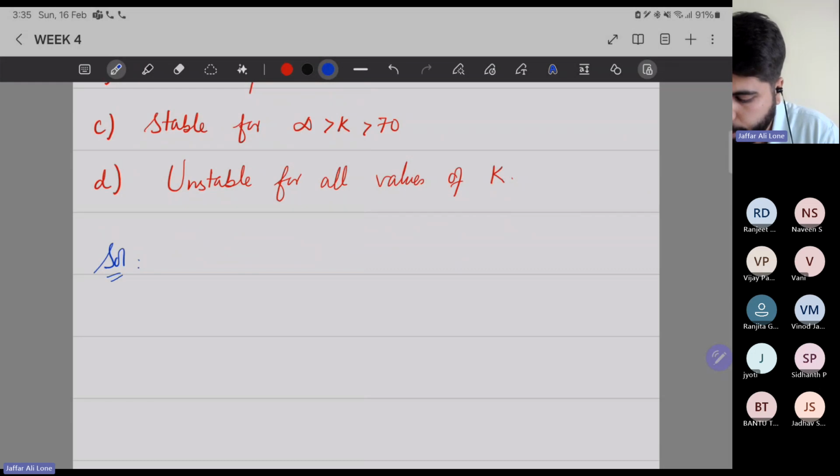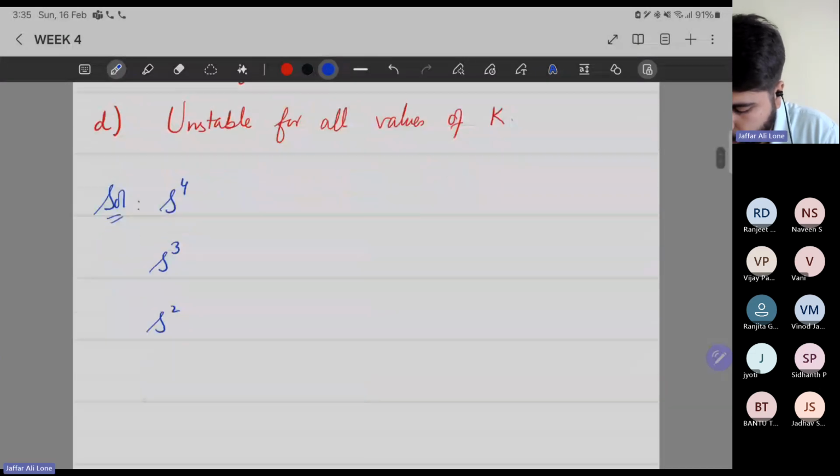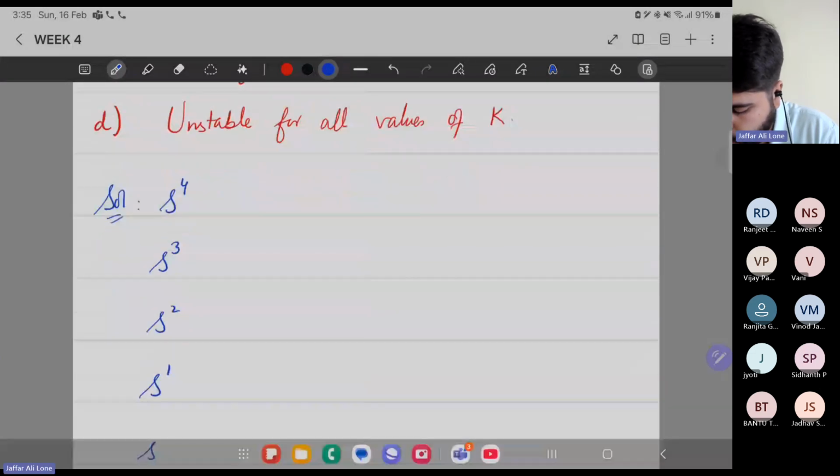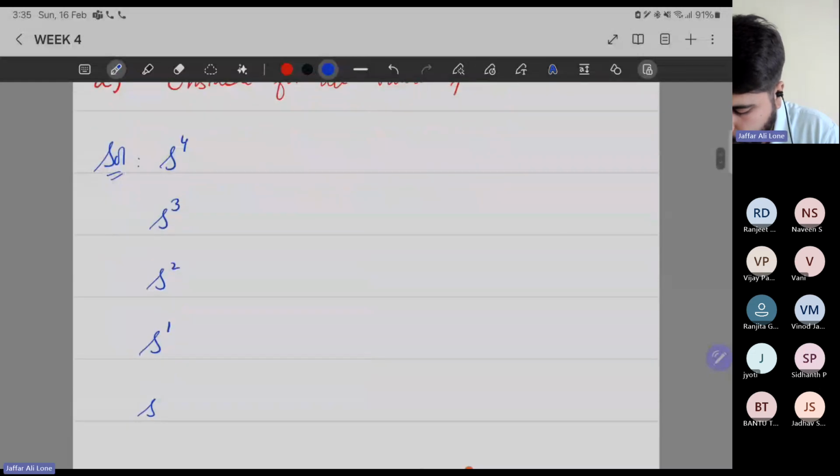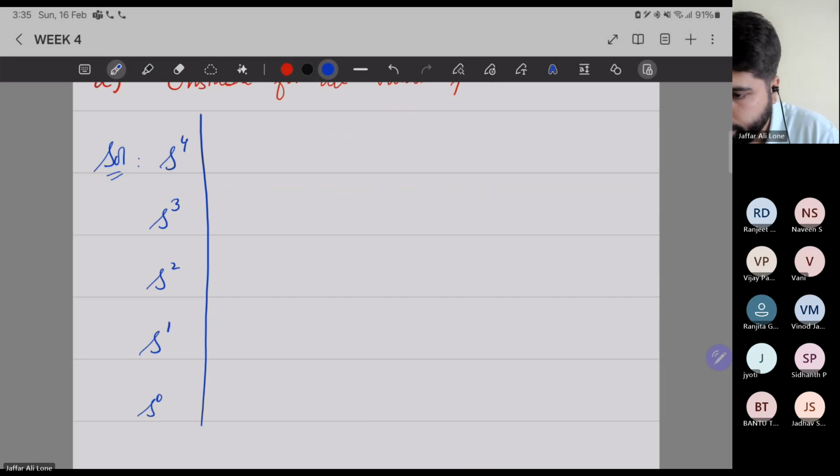In the meantime, we have a fourth order characteristic equation. It is s4, s3, s2, s1, and s0. This is 1, 5, and 15.